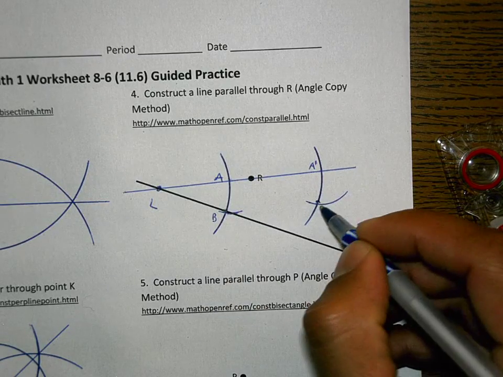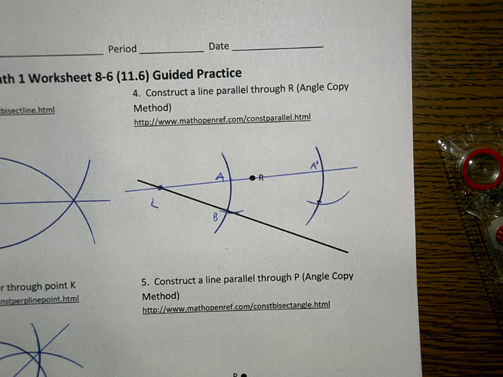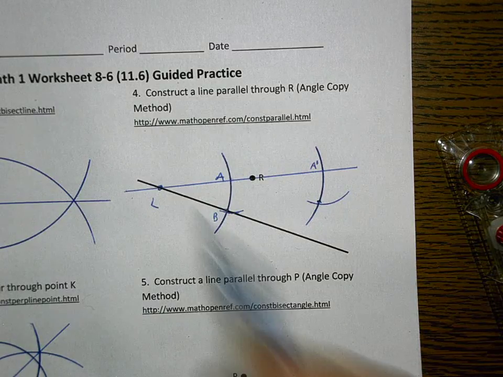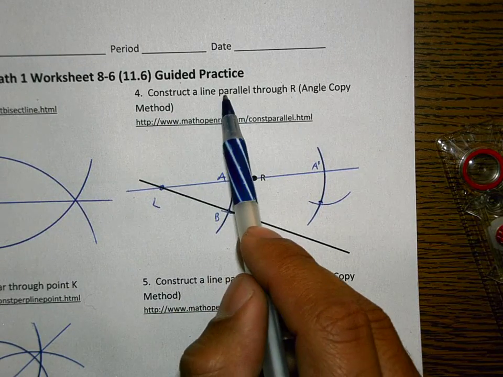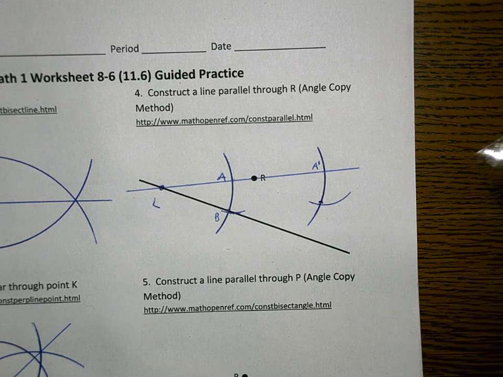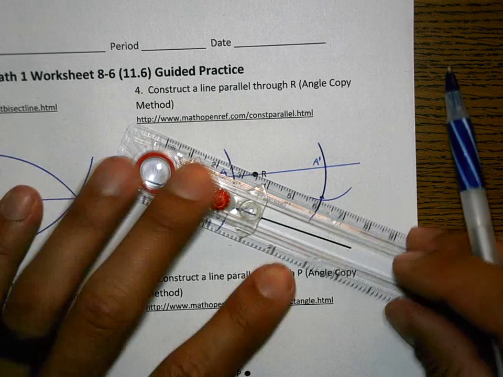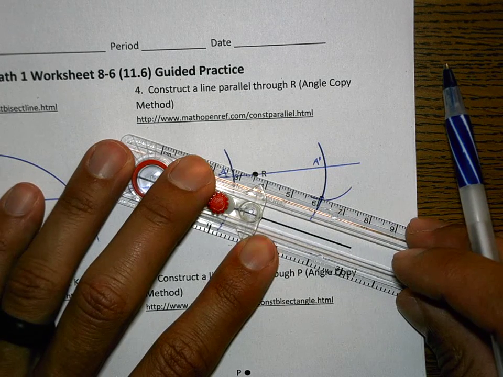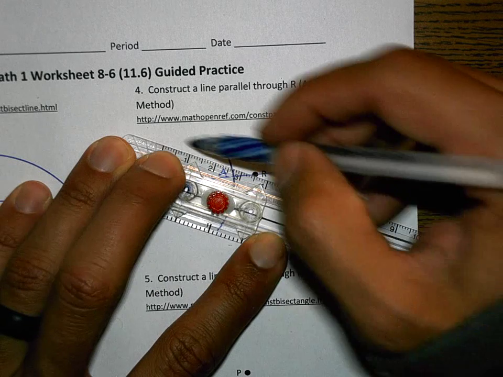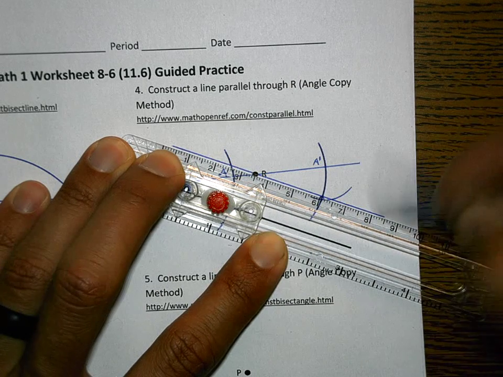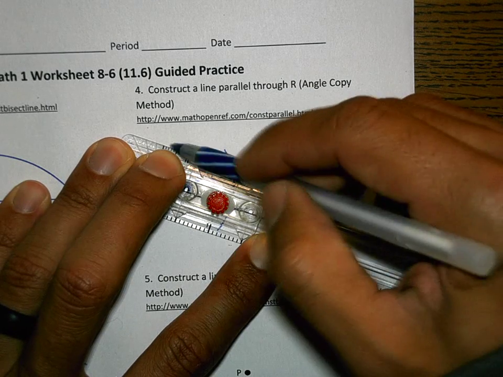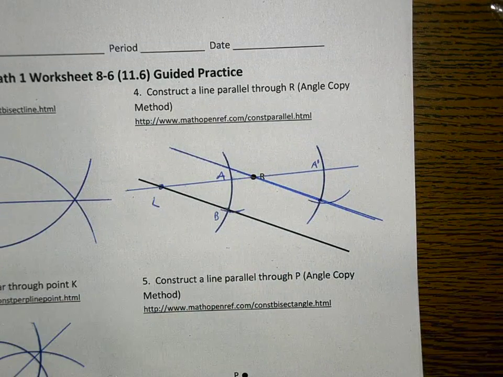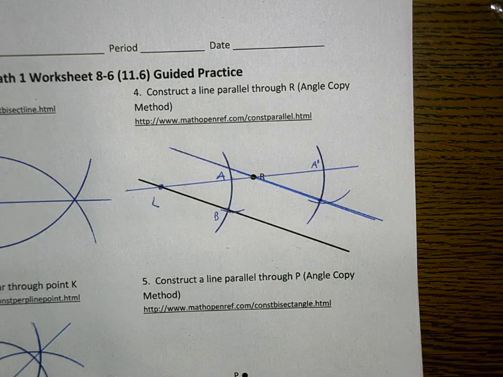Is that all you have to do? The last thing you do: we need to construct a line parallel through R. I hope you remember what parallel means. It means like train tracks. Connect that dot with R, and hopefully, if you did it right, you have two lines that are exactly parallel to each other.